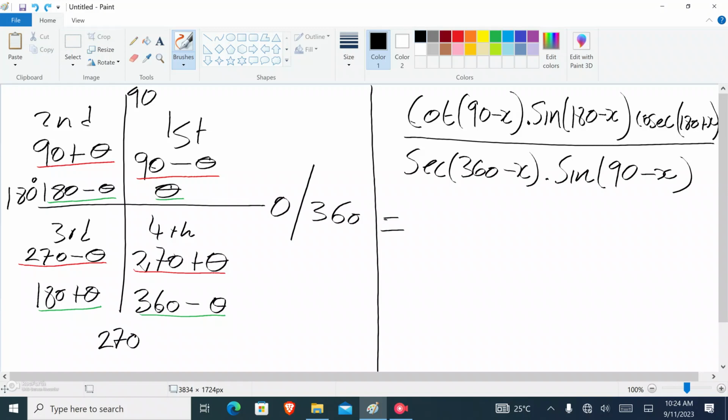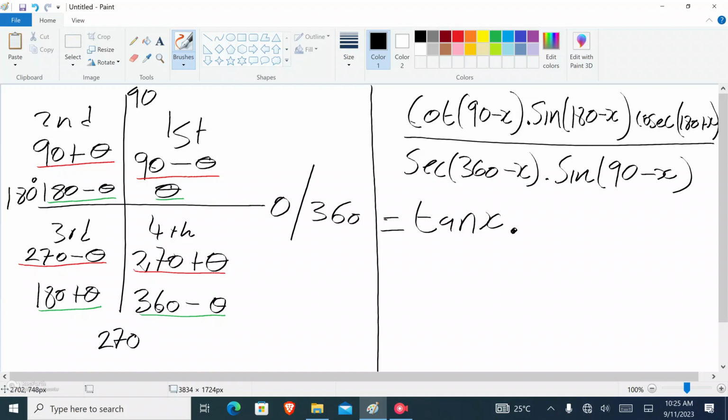Since we use the co-ratio rule, what is the co-ratio of cot? The co-ratio of cot is tan. So we know that it is tan x. The reason why it's positive, remember, is that this is happening on the first quadrant. Now that we've finished reducing the first one, let's go to the next product.